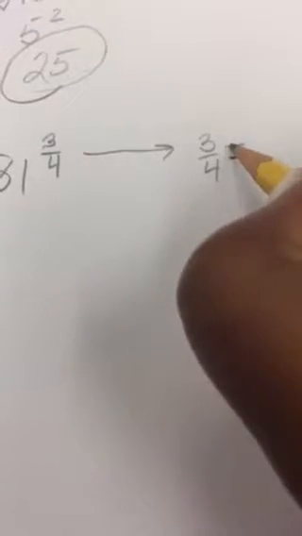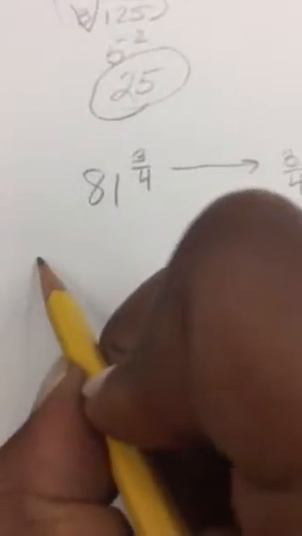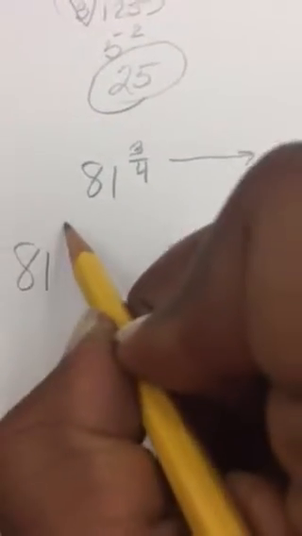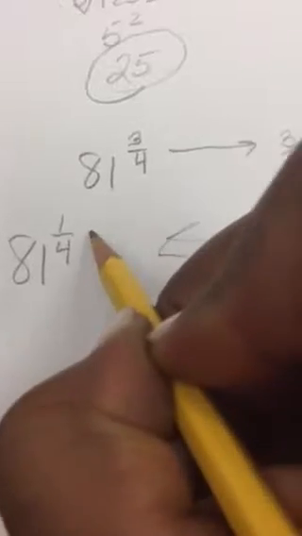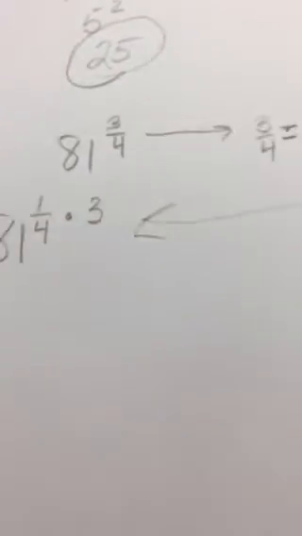3/4 equals 1/4 times 3 over 1. Well, I could write that as 1/4 times 3. Then I could bring that back over here and say 81 to the 1/4 power, times 3.